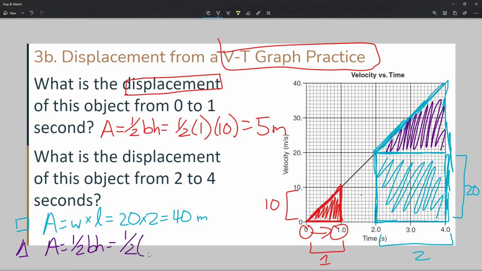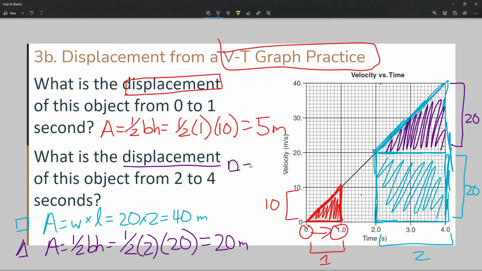Your base is 2, and your height is 20, because you're going from 20 to 40. So here it's 20 meters. Now we need to add the areas. Square plus triangle, 40 plus 20 gives us 60 meters. That's our answer. We travel 60 meters here.